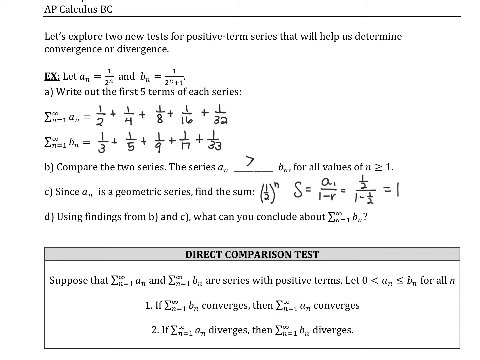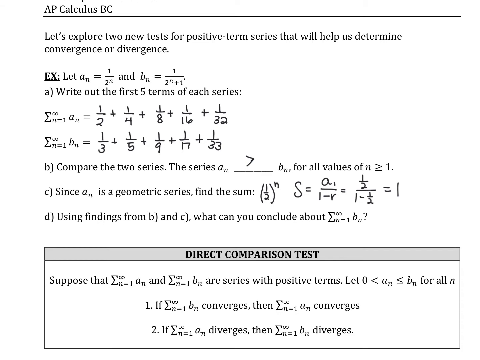Now, knowing that the series a sub n is always greater than b sub n, and knowing that the sum of a sub n is 1, is there anything that we can say about b sub n? Remember, a sub n is always greater. What do you think you could guess from this or conclude from this?